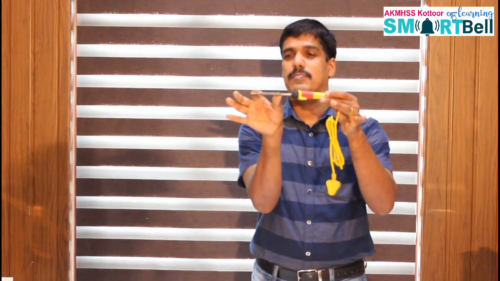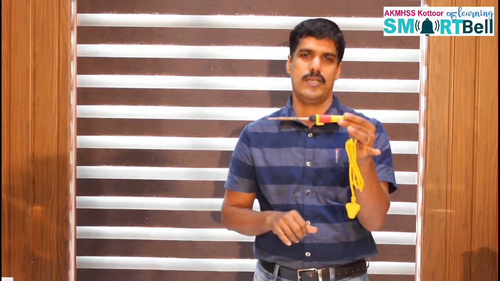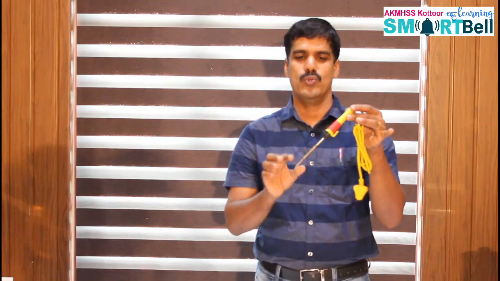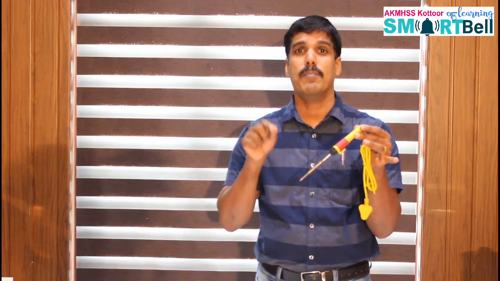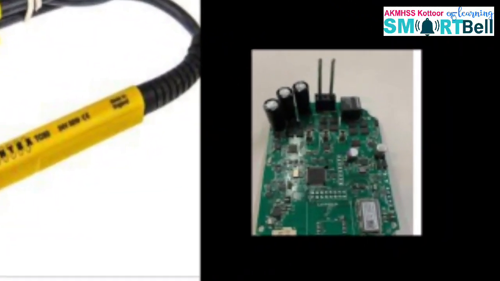Inside this portion, one heating element is there. What that heating element is, we will discuss by the end of this class. Here heat production occurs, and by using this heat we use the soldering iron to affix components over electronic circuit boards. That is the use.